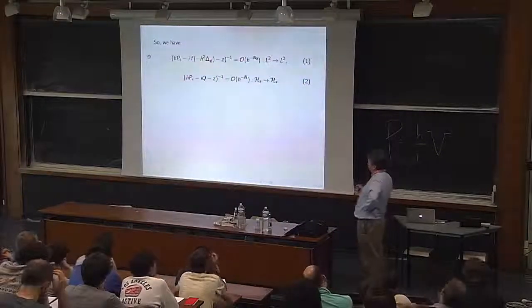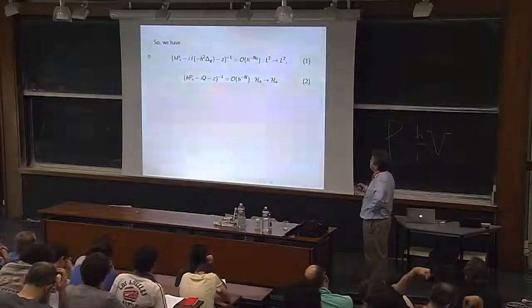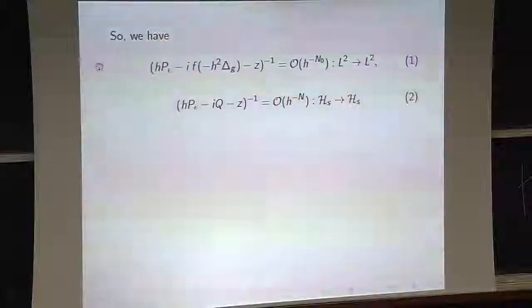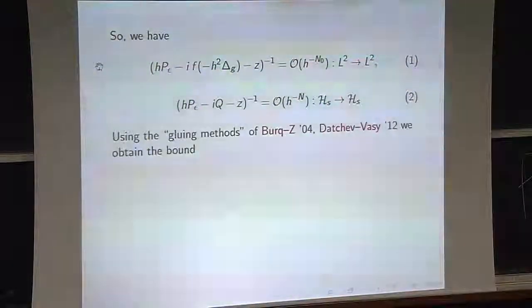So we have an estimate with damping near infinity. We have an estimate with damping near the trapped set. So now we want an estimate without this damping and without this damping. So if you like, this is damping here, and we have estimates. And then we have no damping here, but we have damping here, and we have estimates. So for that we use gluing methods.